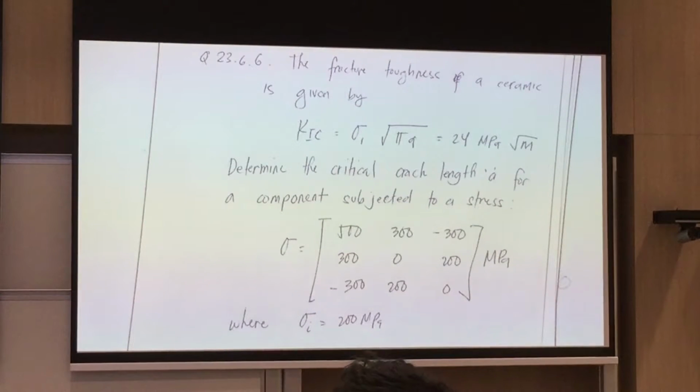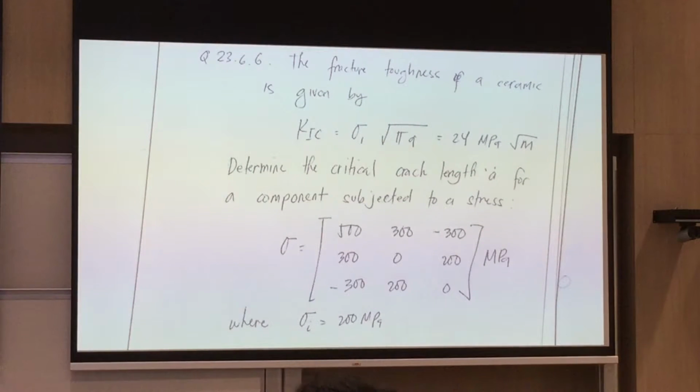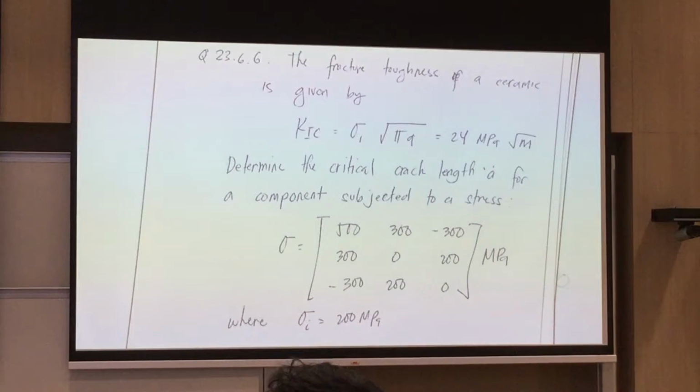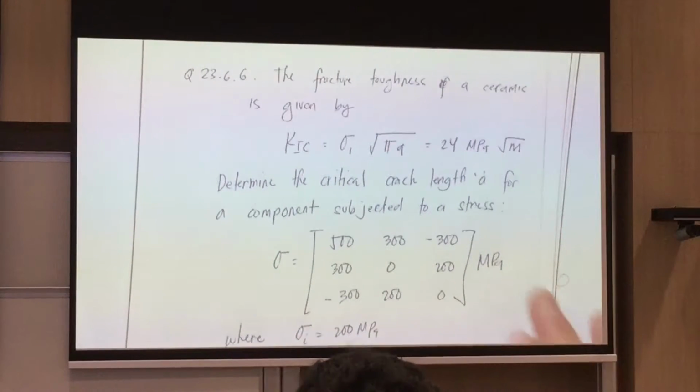So we're going to compare this material property with the so-called stresses or whatever forces acting on the body, and then we're going to compare whether our system is safe or not, or at least in this case, we can determine a critical crack length A. So let's have a look at this one here.